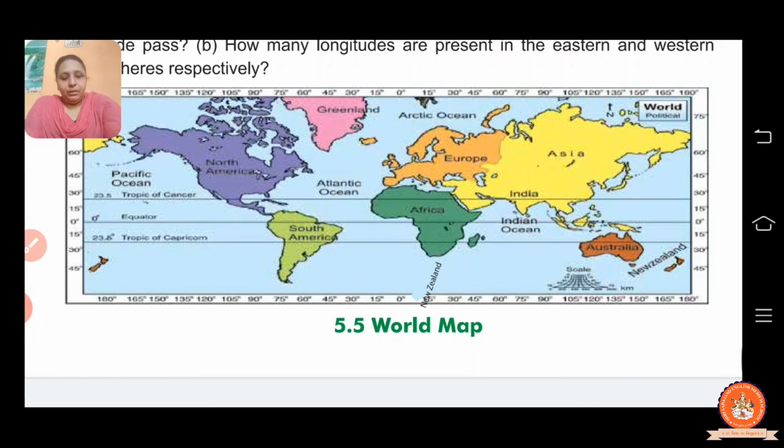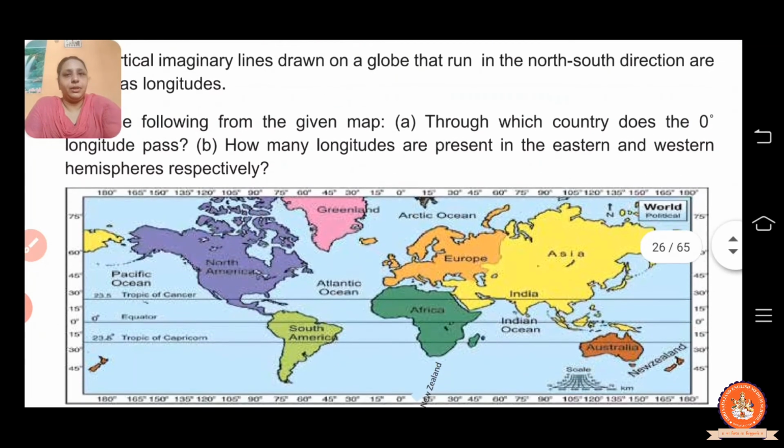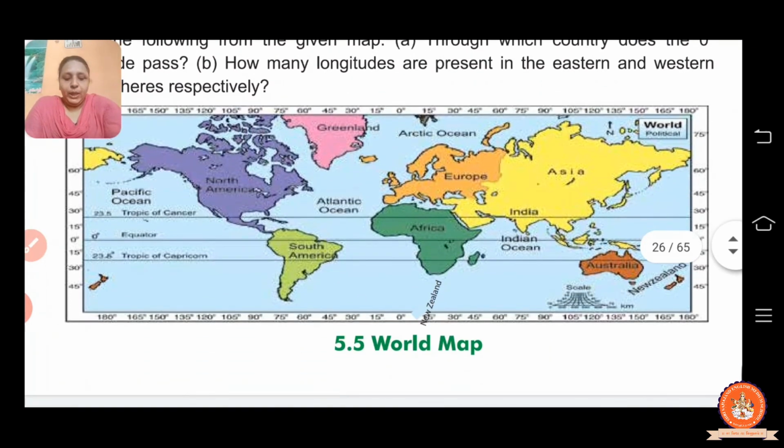Okay, how many longitudes are present in the eastern and western hemisphere? There are 180 degree longitudes in the east and 180 longitudes in the west. There are a total of 360 degree longitudes.